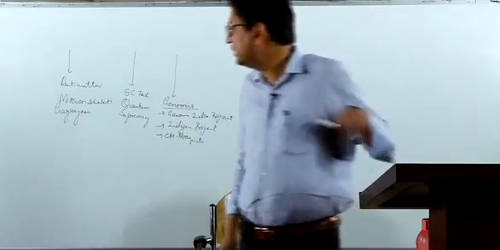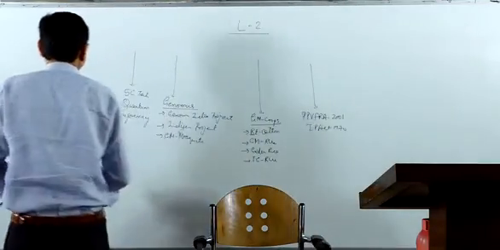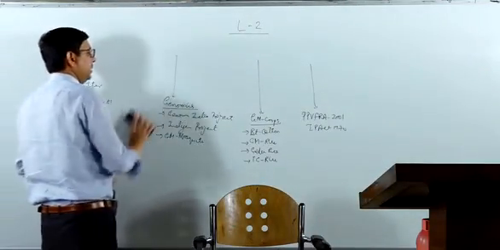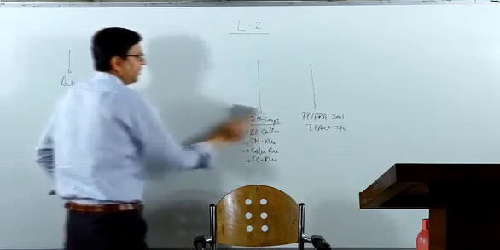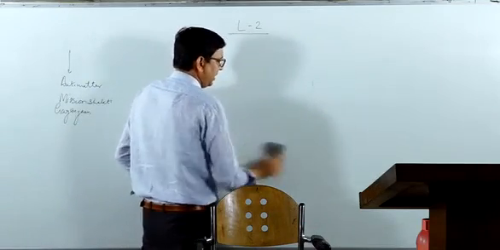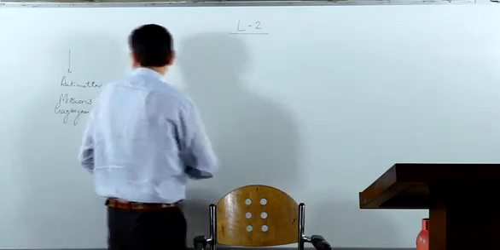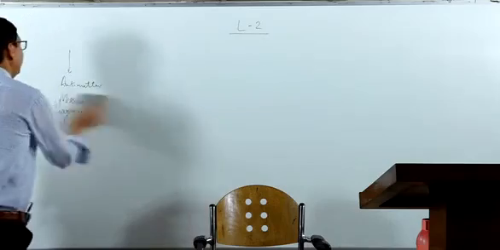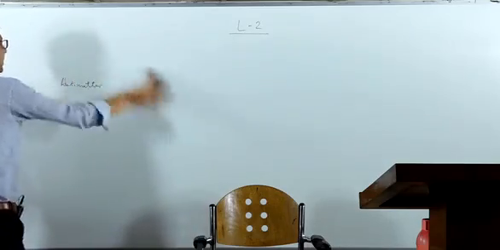Okay, so now let's start this discussion on antimatter. Basically, antimatter is formed by antiparticles. So what is an antiparticle? An antiparticle has the same mass but opposite charge.